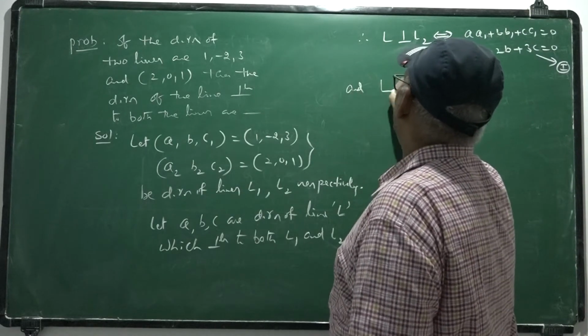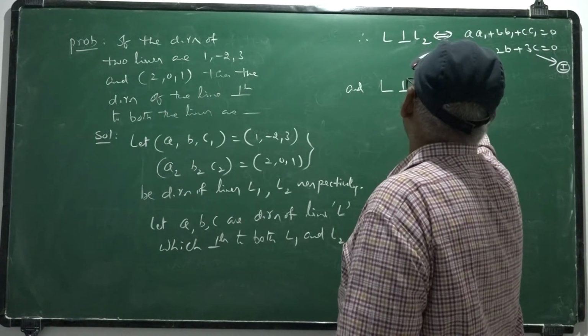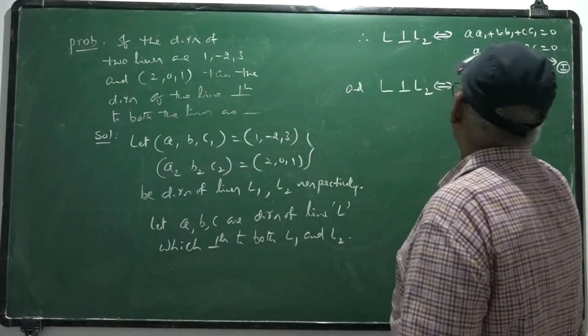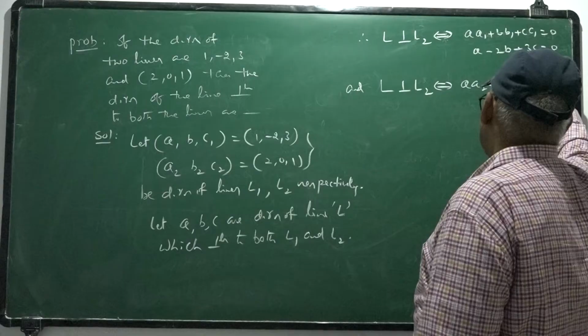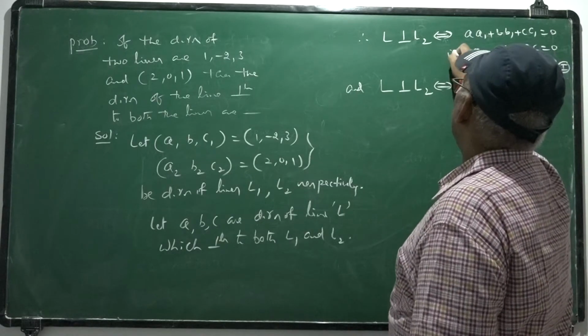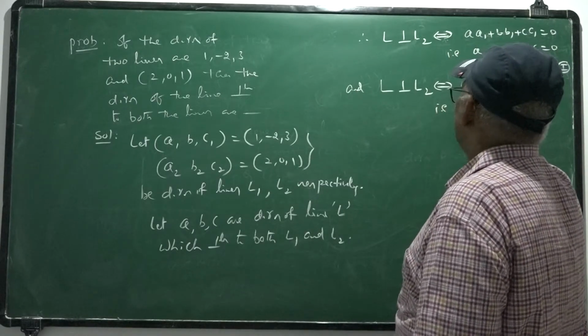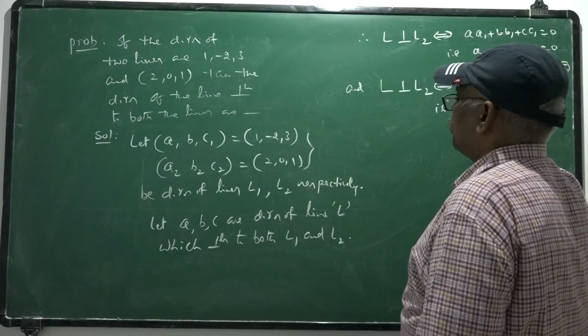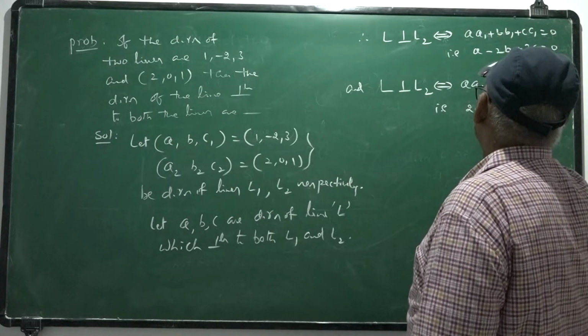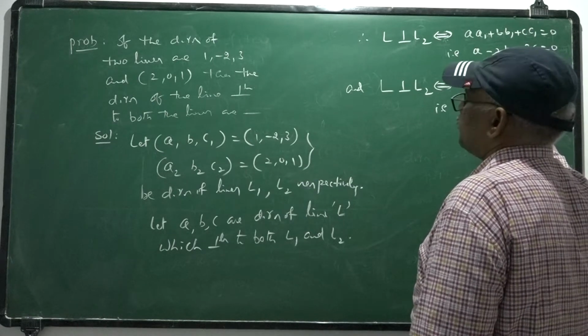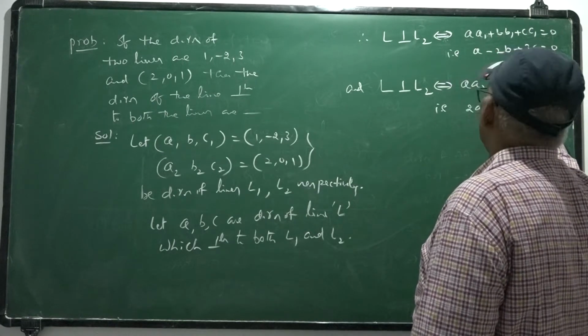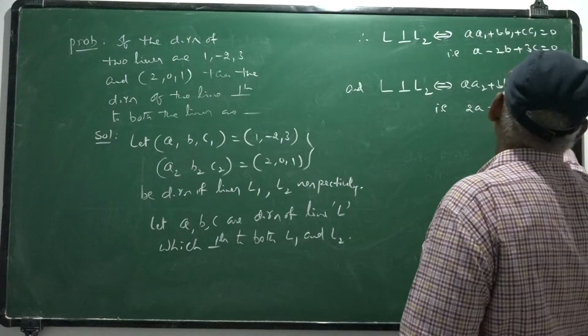Similarly, L is perpendicular to L2 implies A2 A plus B2 B plus C2 C is 0. That gives us 2A plus 0B, of course 0, and C2 that is 1 into C equal to 0.